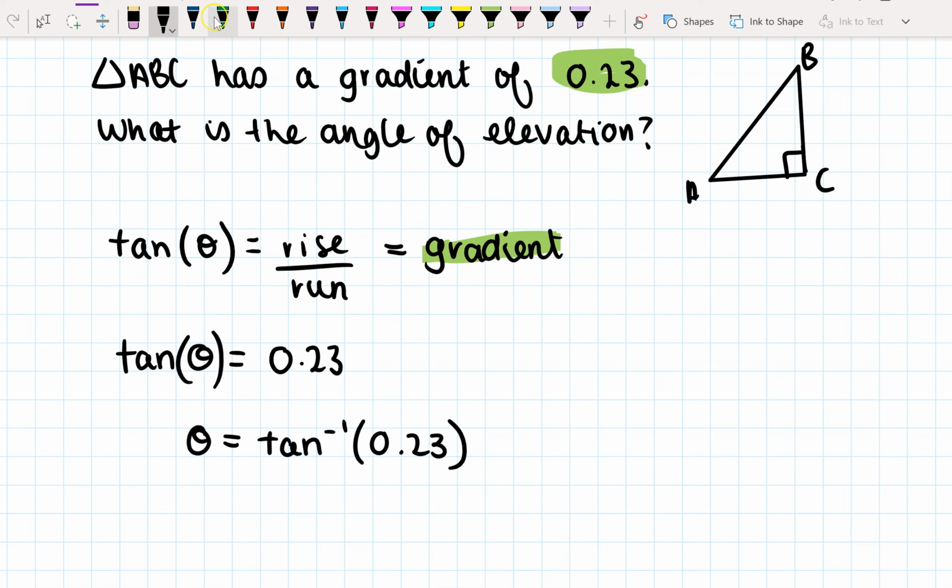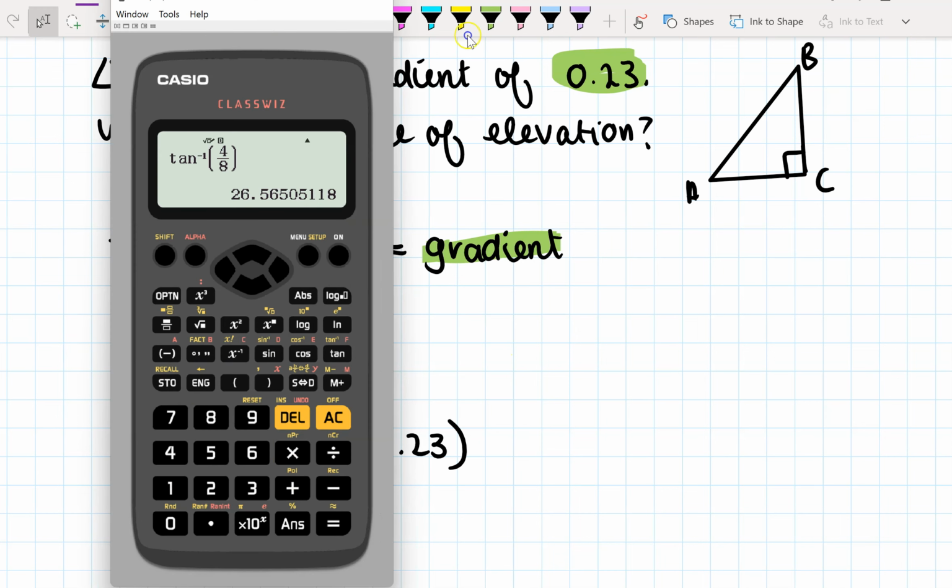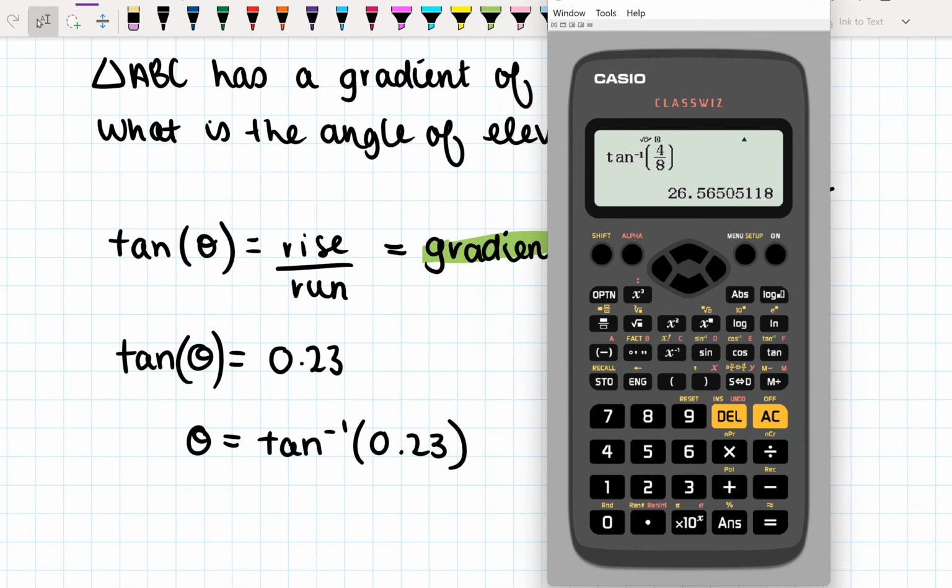So the inverse tan of 0.23, and as you can see, I skipped that extra step because you don't need to write it, and please don't, it's completely unnecessary. You must write this step though, and this step, and also your formula in the beginning, because that's what we expect from you. So let's have a look at what that gives us.